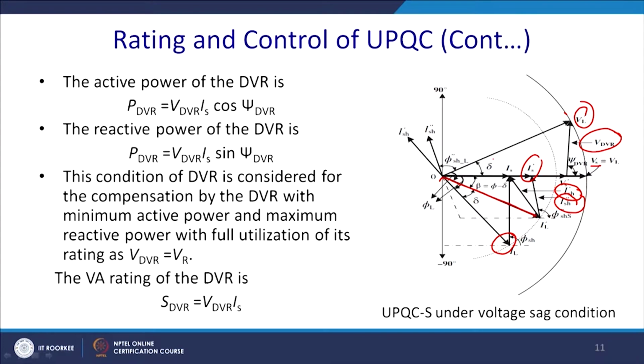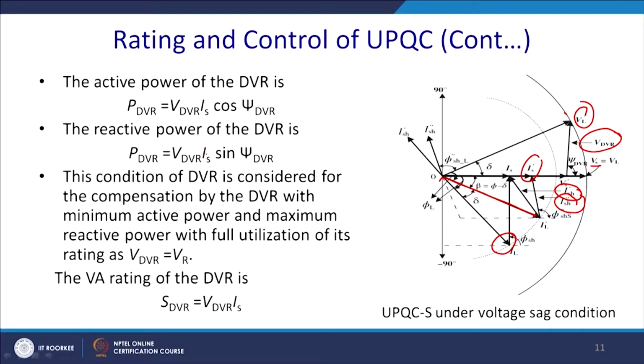So, let us find out what should be the rating and control. The active power of the DVR is V_DVR IS cos psi_DVR. IS is coming from the source current, and the cos psi component of it is the real power, and the reactive power will be given by V_DVR IS sin psi_DVR.